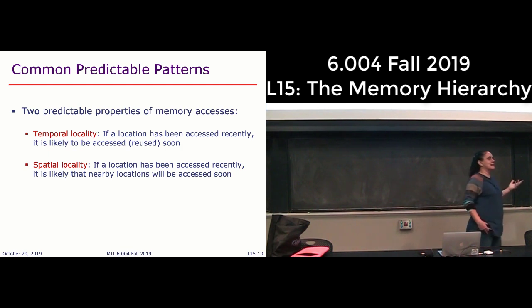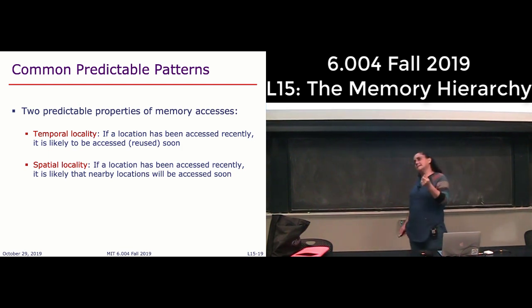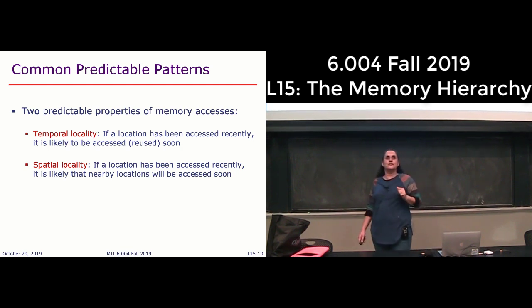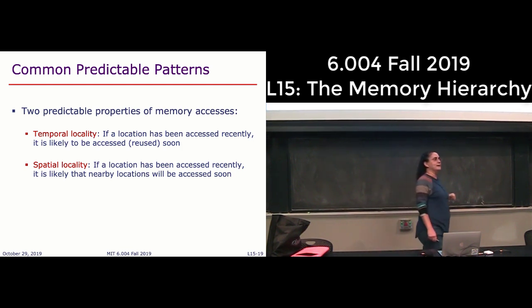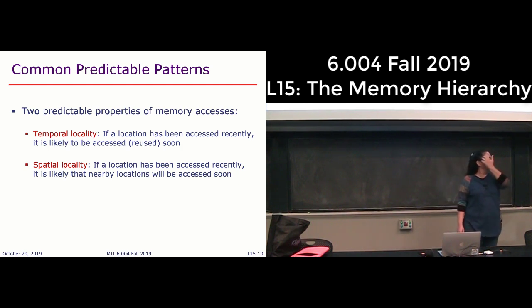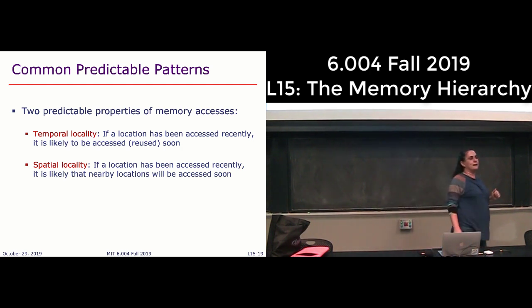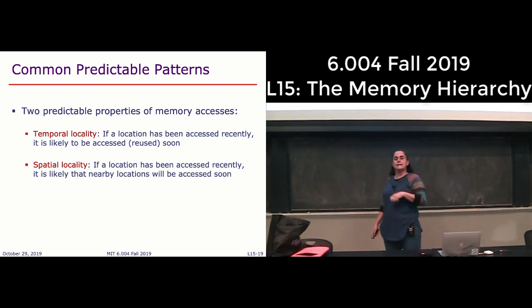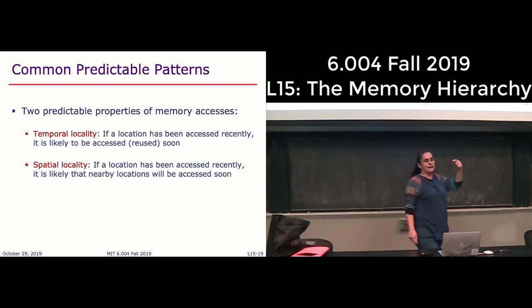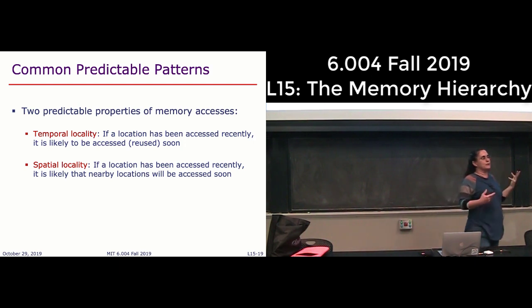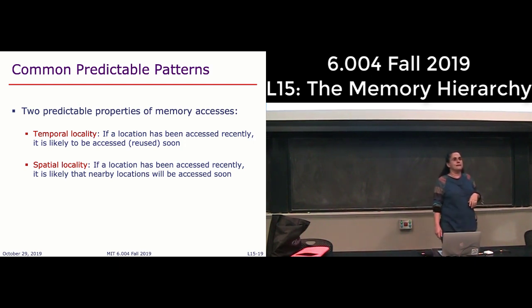Spatial locality says if I'm accessing a particular location in memory, I'm very likely to also access another location that's nearby. Okay? And so that's going to come into play when I access arrays, or when I'm accessing my stack. I'm always accessing things that are nearby. Okay? And similarly with my code, if I'm just proceeding sequentially through my code, then I'm getting one instruction after the next, all of which are close to each other in my instruction memory.